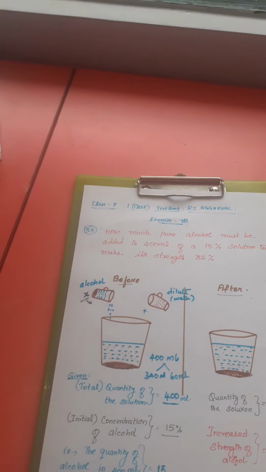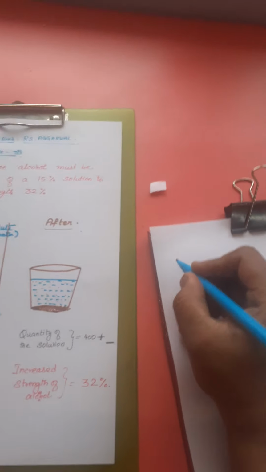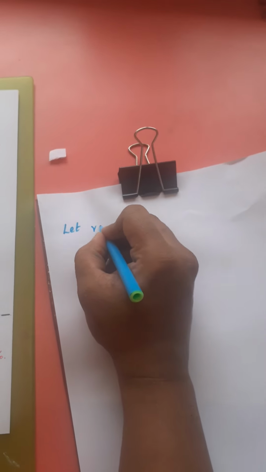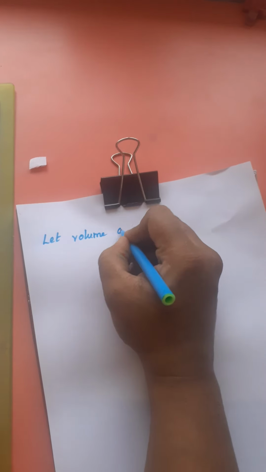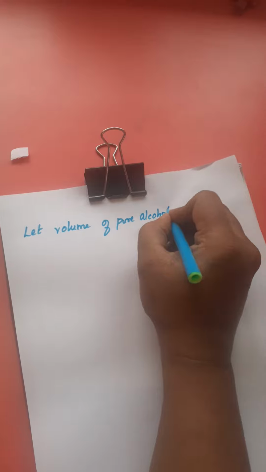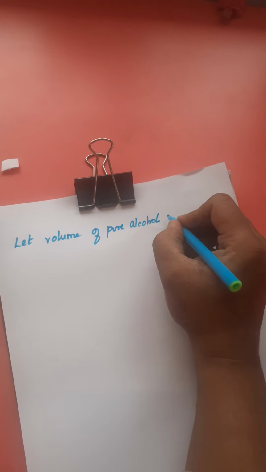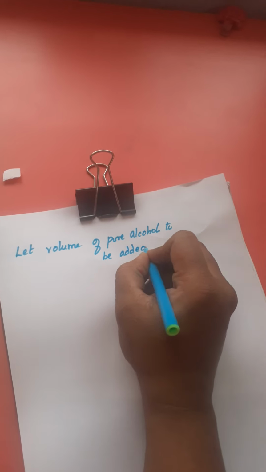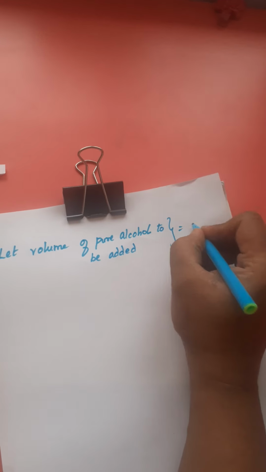Let the volume of pure alcohol to be added be x ml. I need to find this x finally. That is the one required.